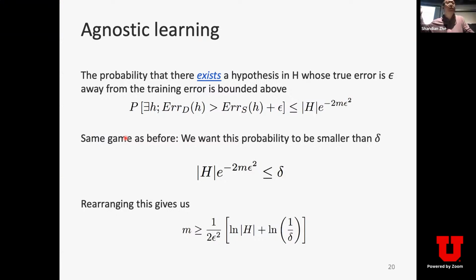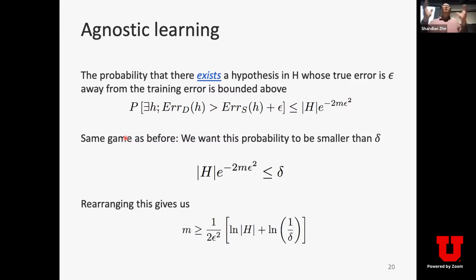If 5% is the training error, then maybe the generalization error is just 6%. That's totally acceptable. I don't want the generalization error to increase to 20% while my training error is only 5%. This is not very good.